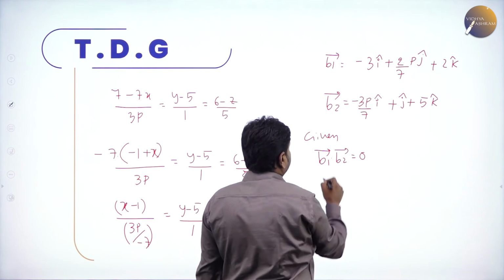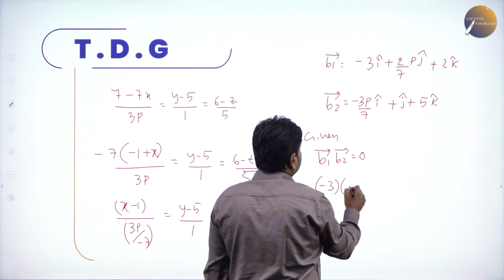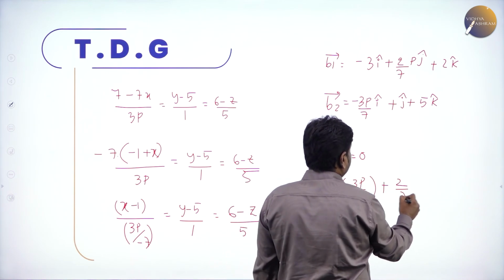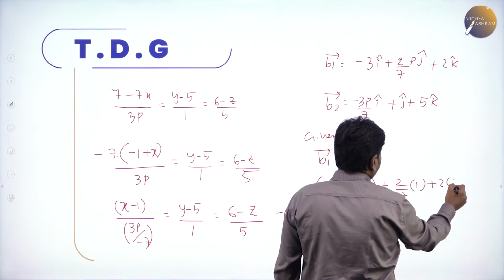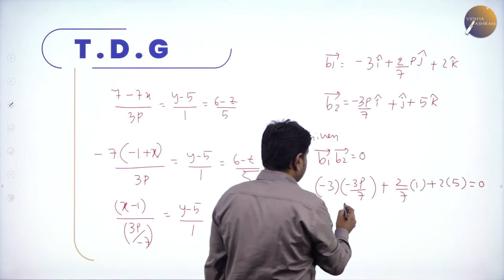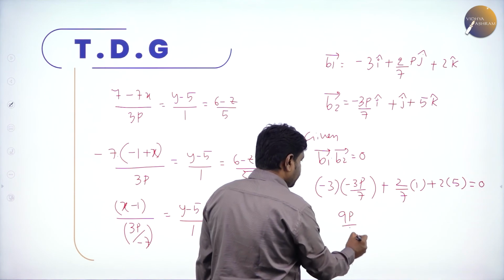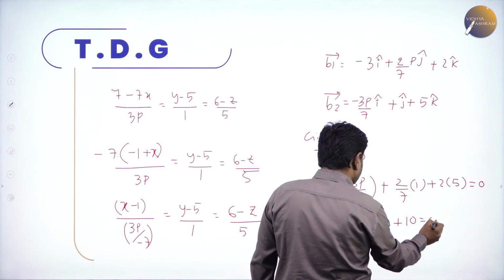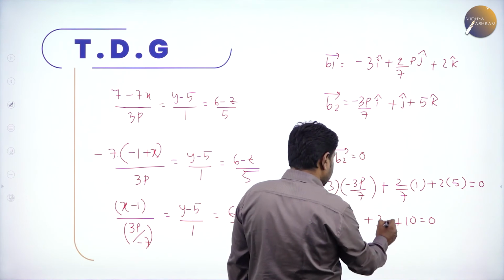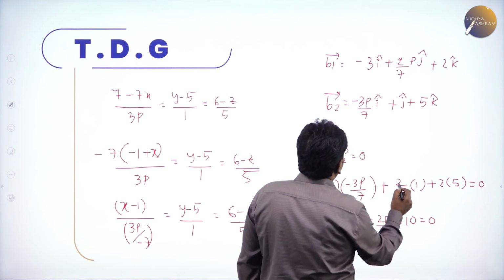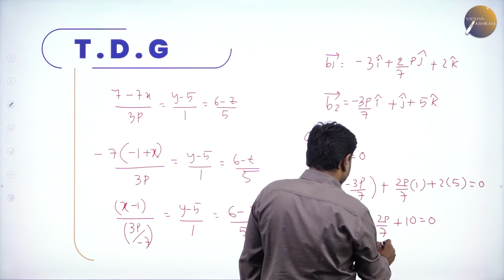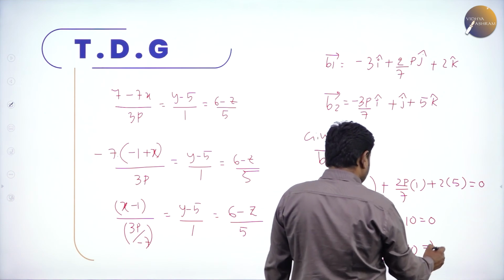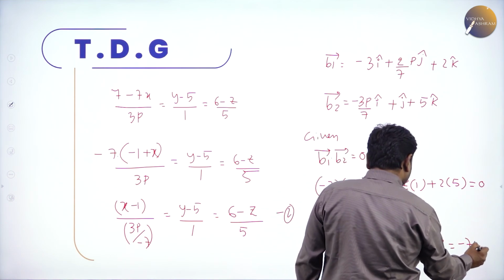You know how to find b1 dot b2. Minus 3 into minus 3p by 7, plus 2p by 7 into minus 1, plus 2 into 5 equal to 0. So minus into minus plus, 9p by 7 minus 2p by 7 plus 10 equal to 0. So 7p by 7 is equal to minus 10. Rearrange it, and you'll get p equal to minus 70 by 11.